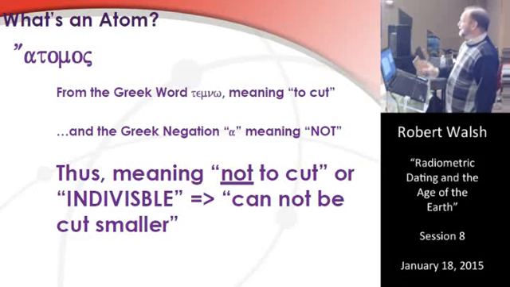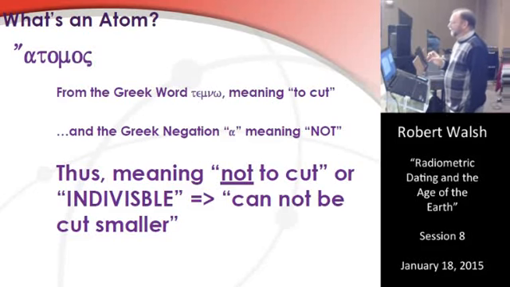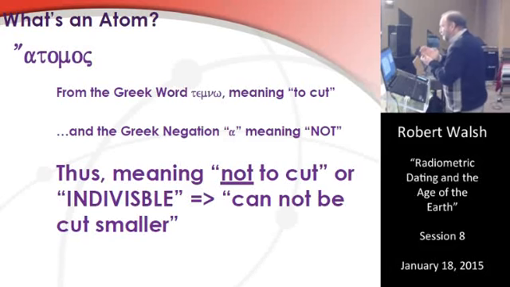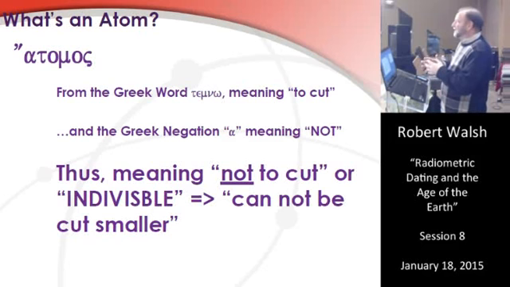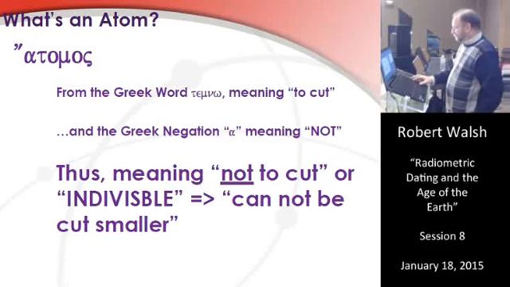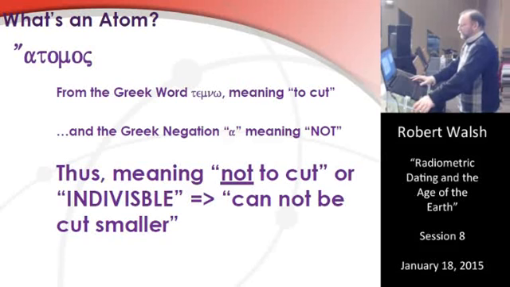And what this means is temno means to cut, and atemno means not to be able to cut down further. And so an atom is something that is indivisible, that cannot be cut down any further. So it is the most basic of constituent parts. So that is what an atom is. That's how the Greeks viewed it, and that is essentially how we're viewing it here today.